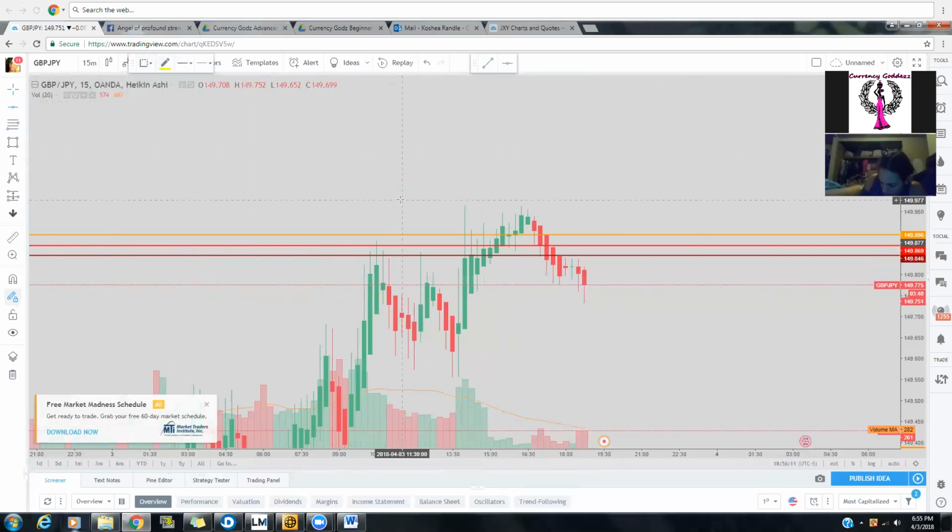Okay. So this one's a bit different than the other three charts because the direction for this one is still bearish. But our high is going to be here and our low is going to be where the candle is because today is Friday, so there's no more movement.